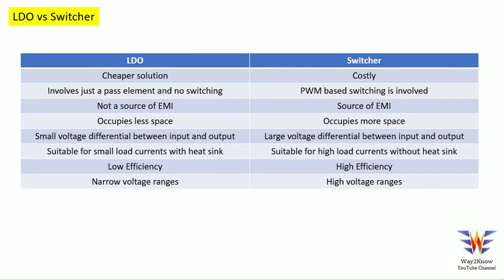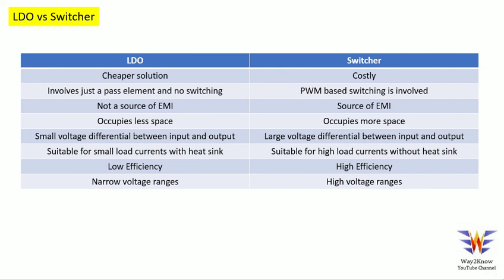One thing you have to remember is that in the block diagrams we talked about only one type of switching regulator, which is a buck regulator. There are others, like boost and buck-boost regulators. We just wanted to give an example. Those are the other categories of switching regulators.